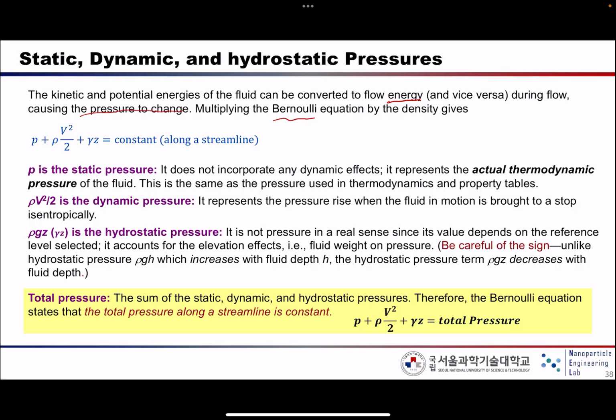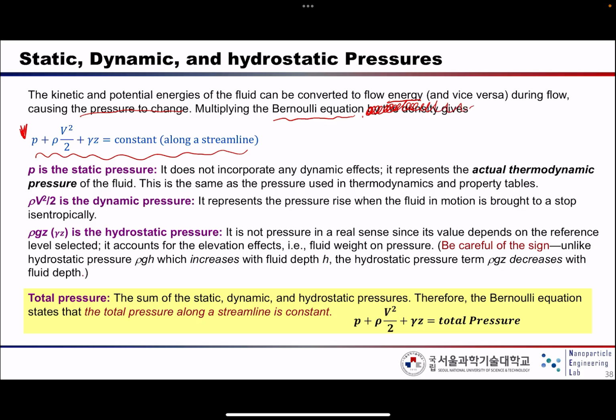Multiplying the Bernoulli equation by density gives this. Basically this is the Bernoulli equation.